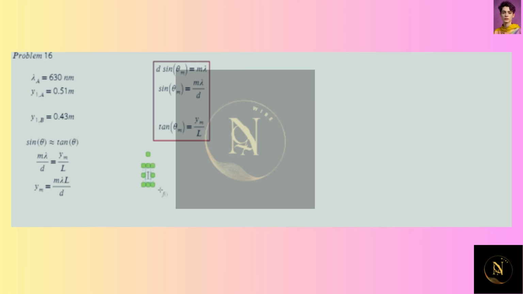Let's express that first distance, y1a. According to this expression, m is equal to 1 because it's the first order bright fringe. Lambda is 630 nanometers. L is not given, and neither is d.